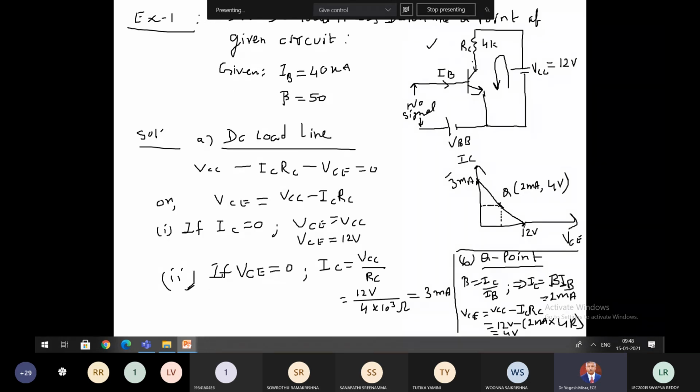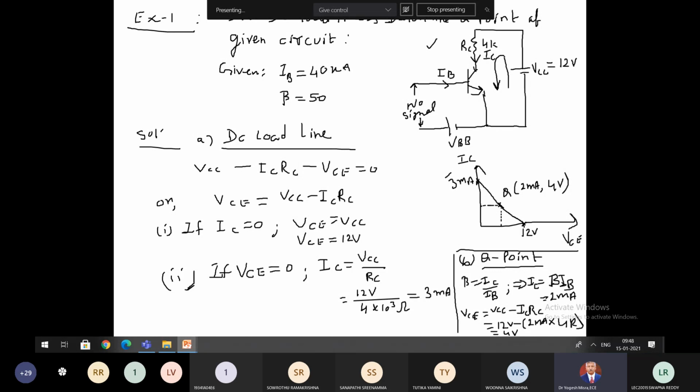In this circuit diagram, some IC current is flowing. Due to this flow of the current, there is some resistance, so power will be dissipated: I square R, IC square and some resistance. So this power will generate the heat.